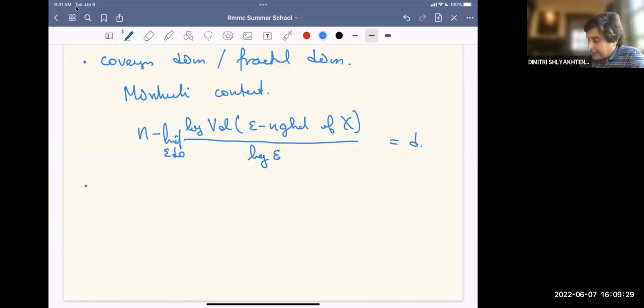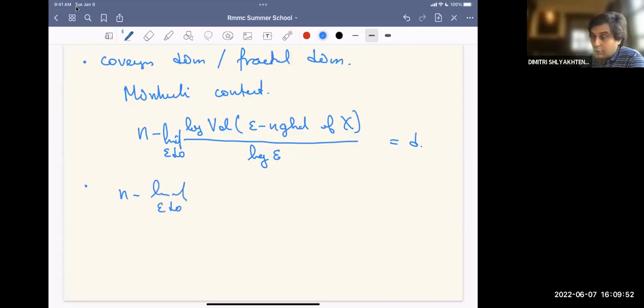Now, this is not a very convenient thing from the point of view of free probability or probability theory, because you're referencing somehow volumes of epsilon neighborhoods of a set. What are these? So Voiculescu had this idea to replace it and write a different formula. Again, let's say it's the limit as epsilon goes to 0.